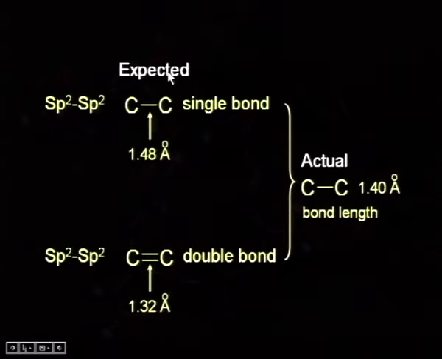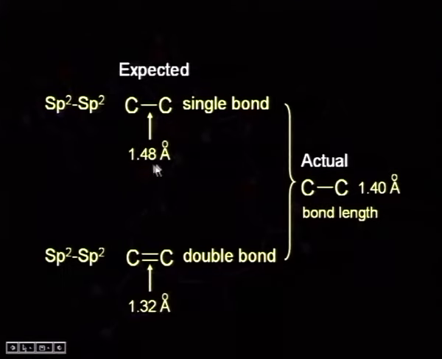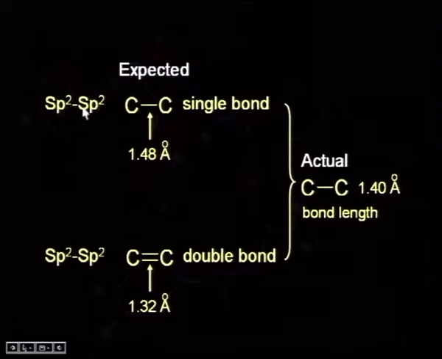So, the expected bond length for the carbon-carbon single bond should be 1.48 angstrom. This is the value for an sp2 hybridized carbon atom overlapping with another sp2 hybridized carbon atom. For the carbon-carbon double bond, the expected bond length should be 1.32 angstrom.